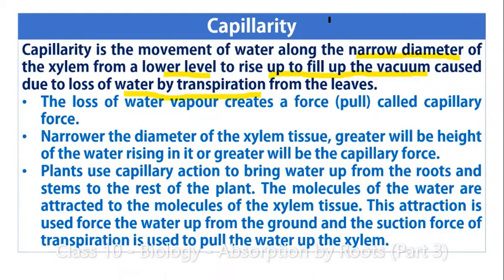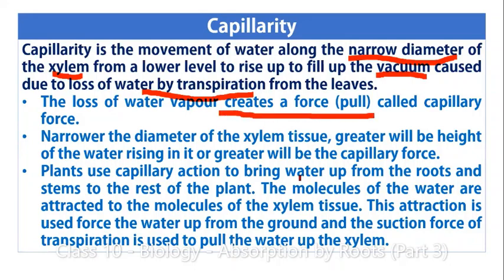This is generally because as the water vapor is lost from the upper parts of the plant, because of the vacuum there, it creates a force, a pull, which pulls the water to rise up through the narrow diameter of the xylem tissue. So the narrower the diameter, the more the water rises by this capillary force.